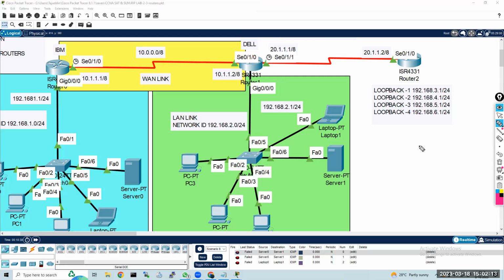Say for example, this is my organization. You have one department here, one more department, and one more department, and each one is connected like this. Here you are also running a lot of interfaces.